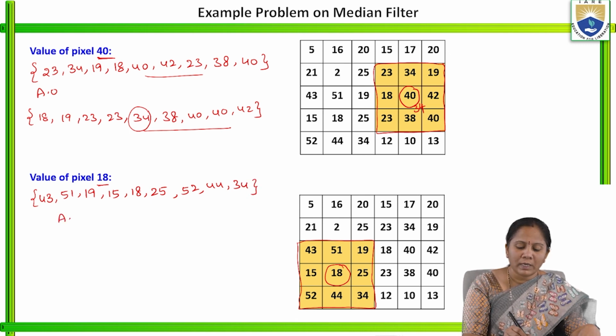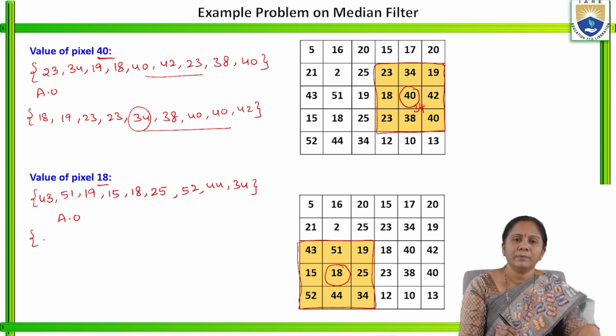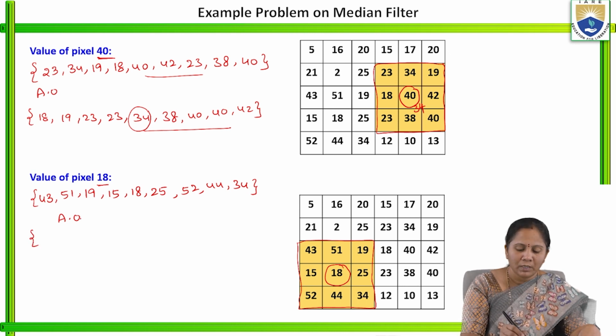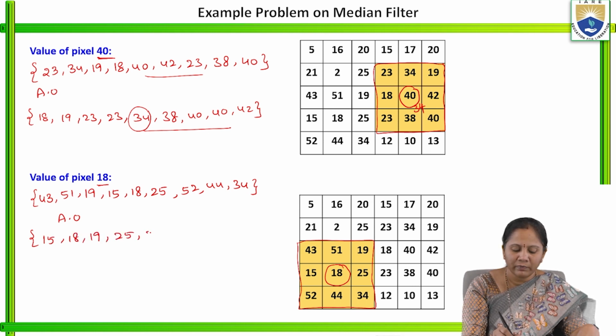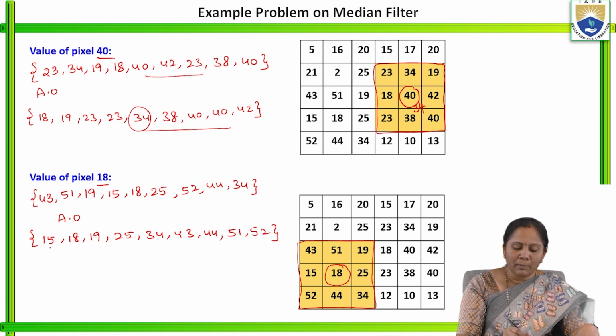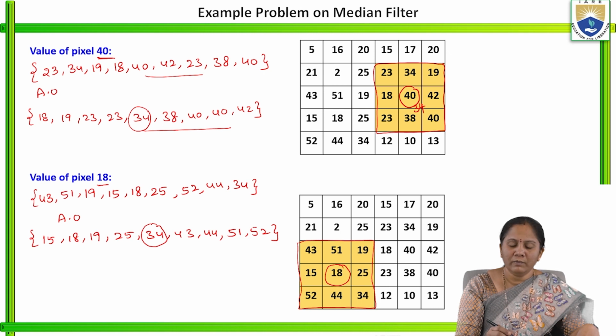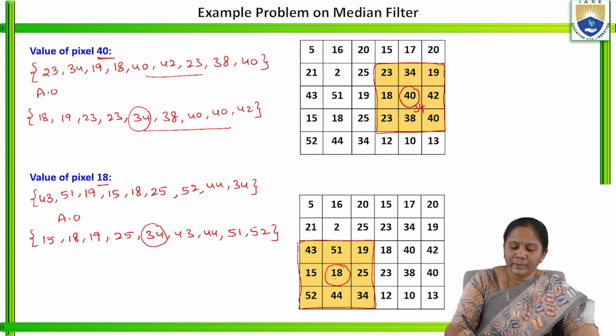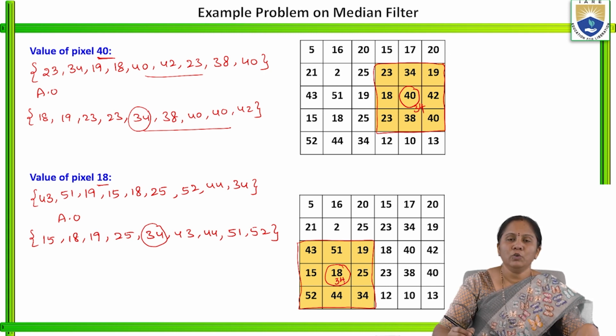Now we have to arrange all these pixels in the ascending order. So 15, 18, 19, 25, 34, 43, 44, 51, 52. So among all these values, this 34 is the middle value. So this 18 will be replaced with a new pixel value 34.